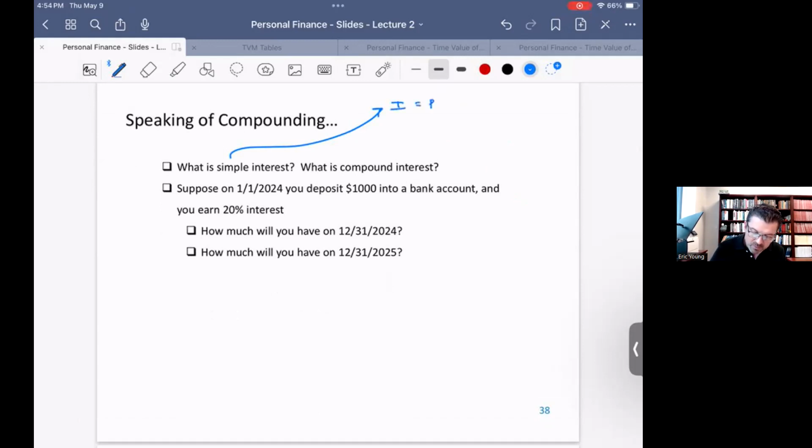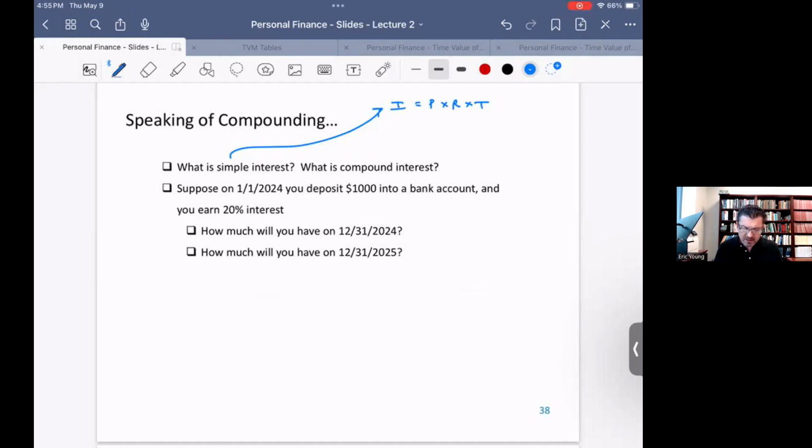I equals P times R times T. I is the interest, P is the principal, the amount that you start with. R is the rate, the interest rate that you're earning, that the money is growing at, and T is the number of time periods. Okay, so a very simple formula for simple interest, I equals PRT.